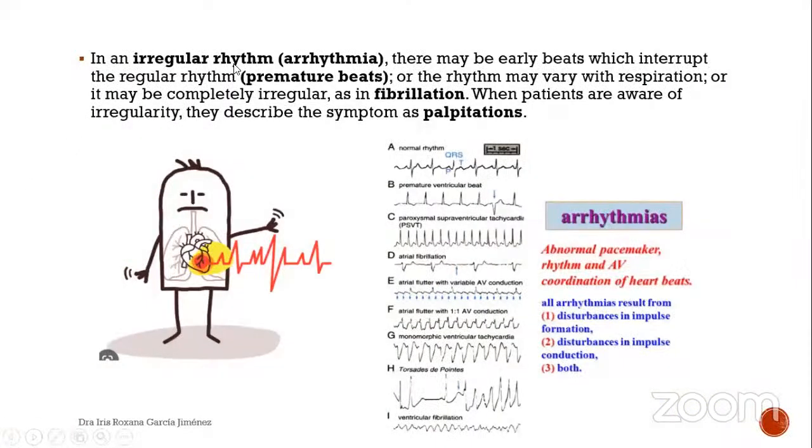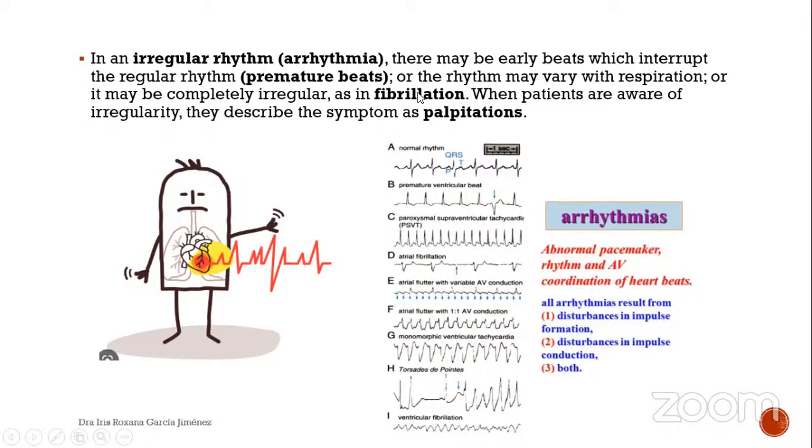In an irregular rhythm, the arrhythmia may be early beats, which interrupt the regular rhythm, the premature beats, or the rhythm may vary with respiration, or it may be completely irregular, as in fibrillation.